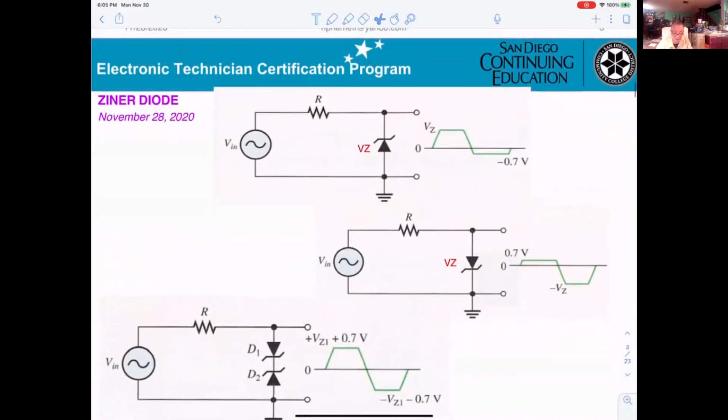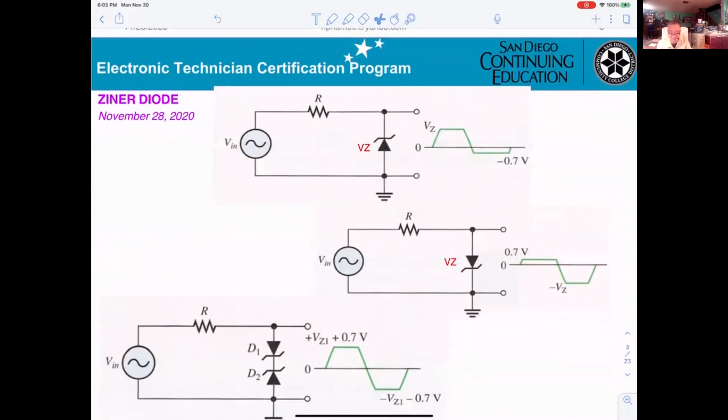Okay, now we will explain a little more. In here, I already gave you the answer. Okay, for the Zener, the V in now will be the sine wave. And you get the VZ. So for the positive sine wave, if it is greater than VZ here, it will be cut.